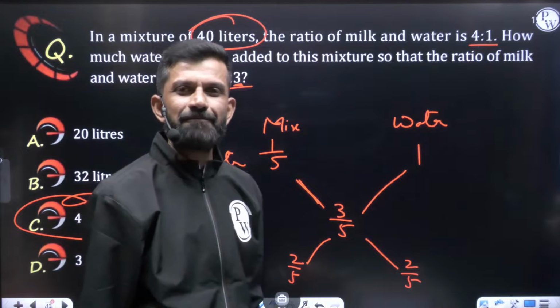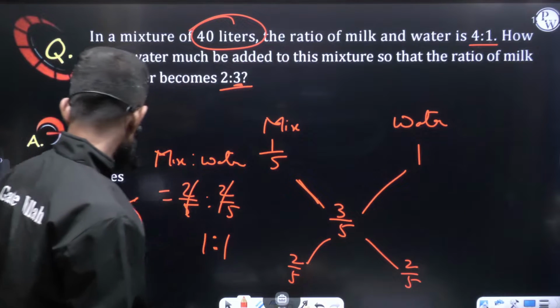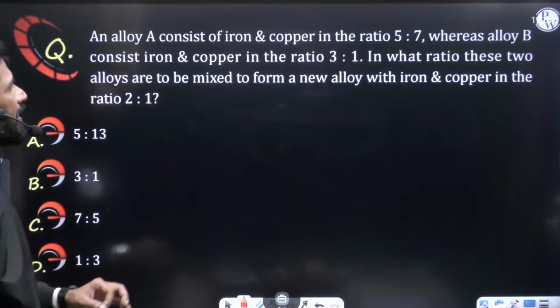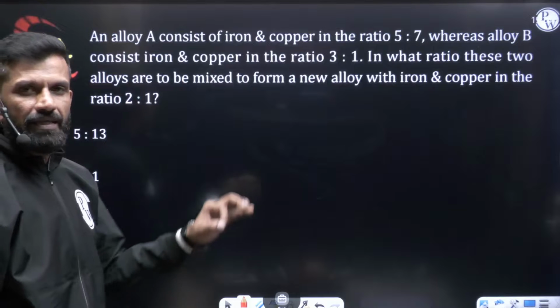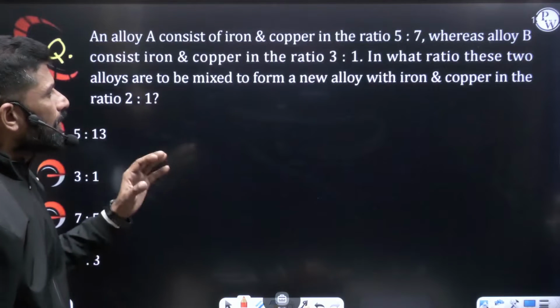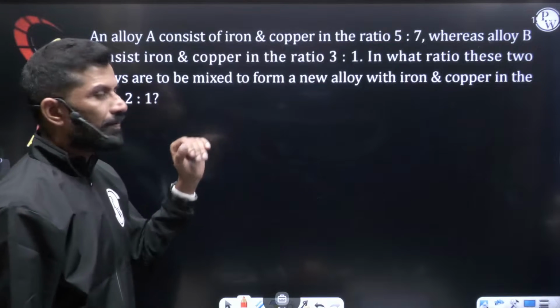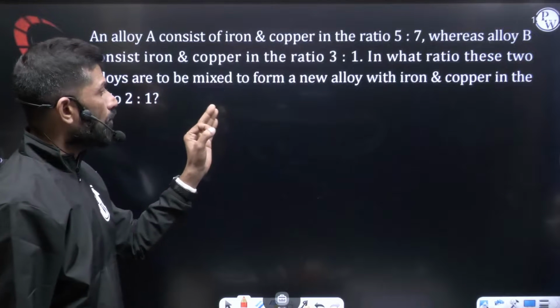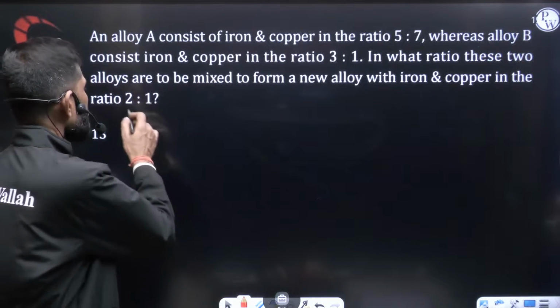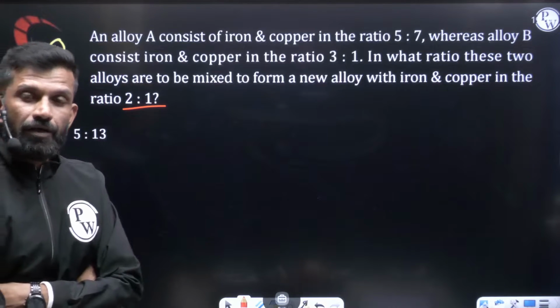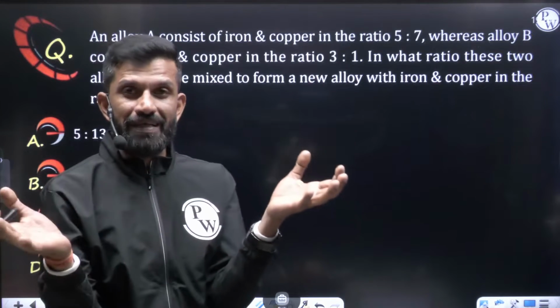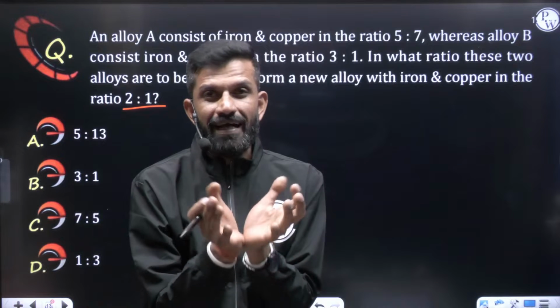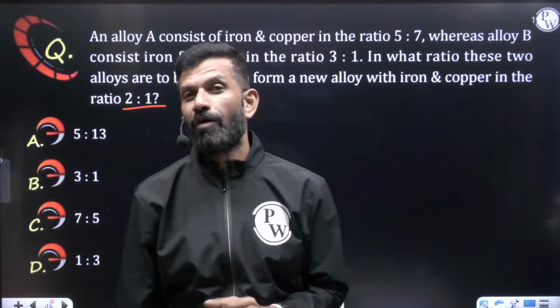As simple as that. Let us understand more questions. An alloy A consists of iron and copper in the ratio of 5:7, whereas alloy B consists of iron and copper in the ratio of 3:1. In what ratio are the two alloys to be mixed to form a new alloy with iron and copper in the ratio of 2:1? Now, very simple: two alloys you are mixing, a new alloy you are making, with iron and copper.